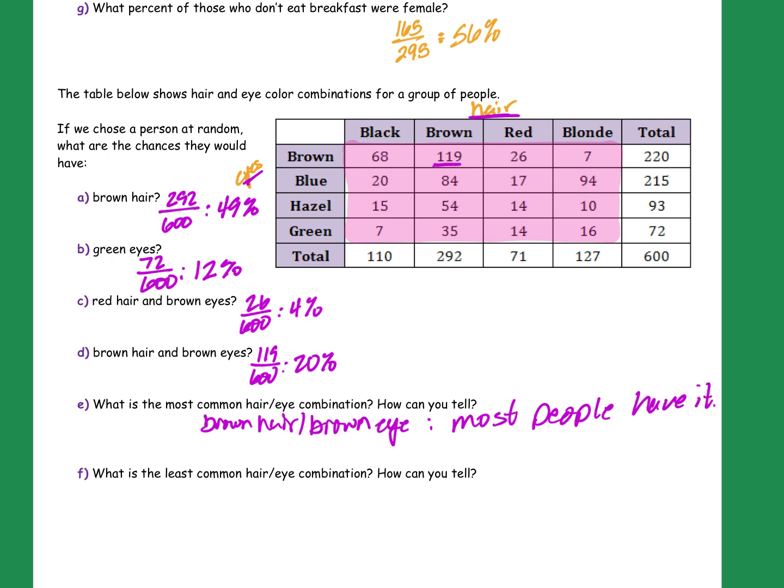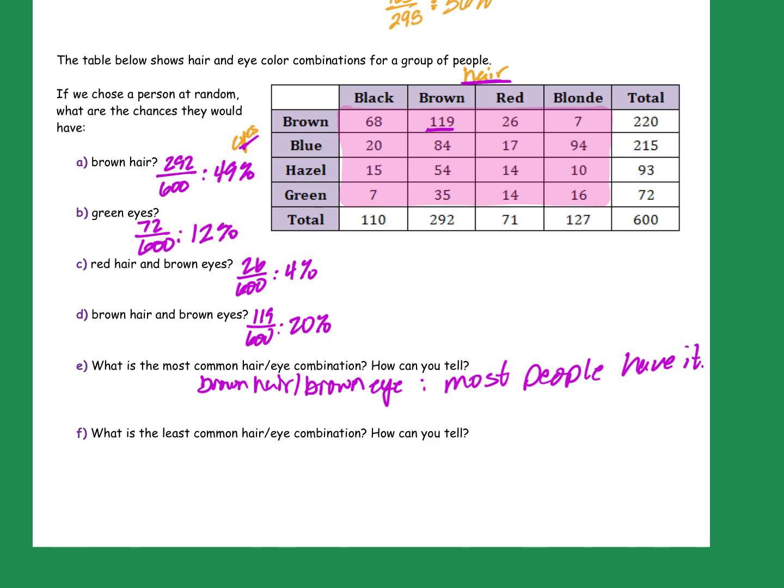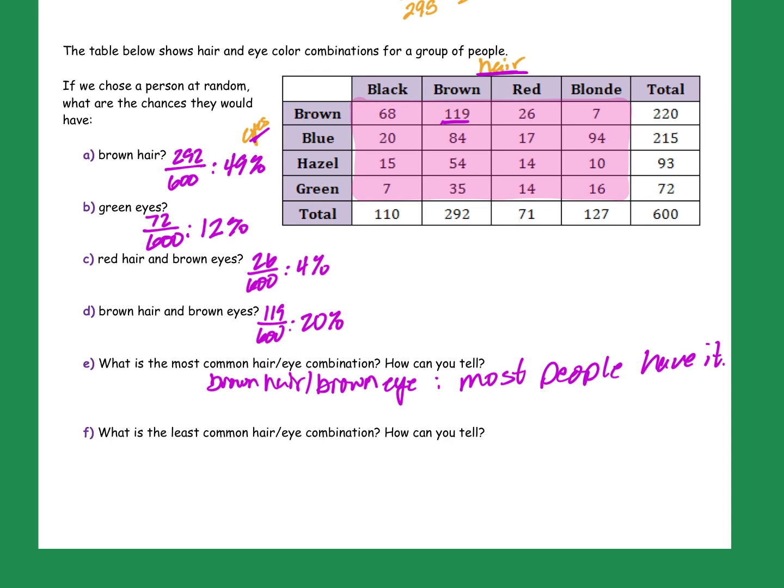Okay, so what is the least common hair and eye combination? Brown and blonde and black and green. So blonde hair, brown eyes.